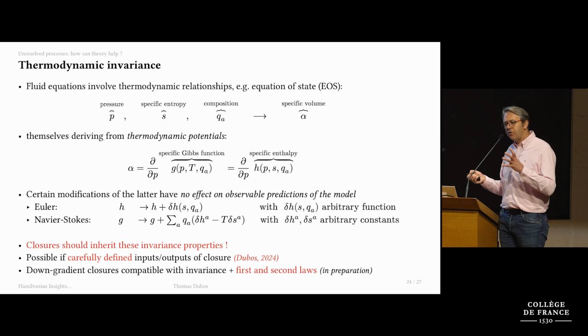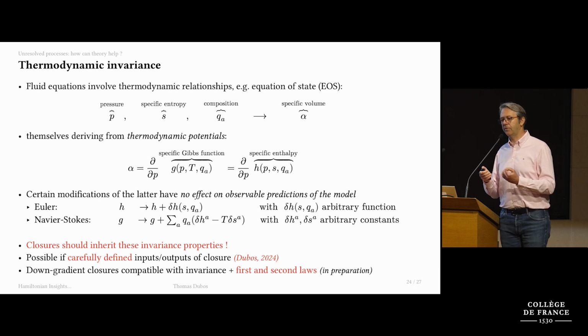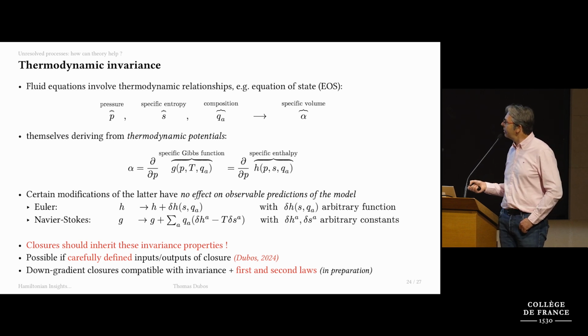But if you look at the models themselves, they are insensitive to certain changes in these potentials. So, for instance, the Euler model is invariant with respect to a relatively wide class of transformations. That's actually a Casimir invariant here. The Navier-Stokes equation, which has more terms, is less invariant, but it's still a little bit invariant. You can add a constant to the so-called reference enthalpies and entropies.